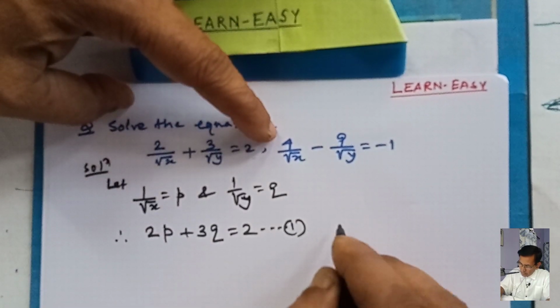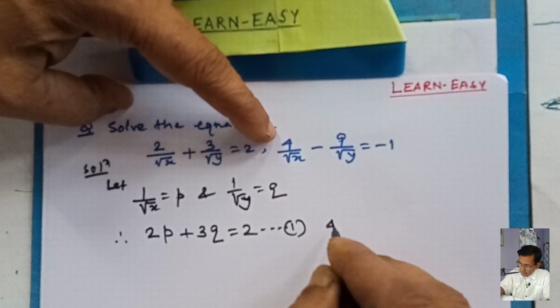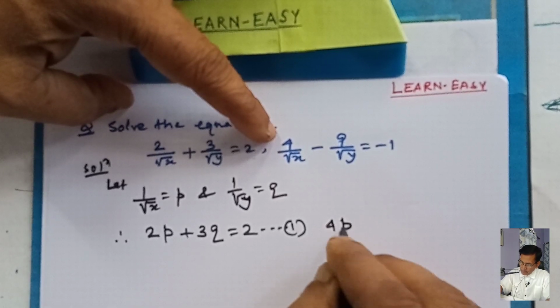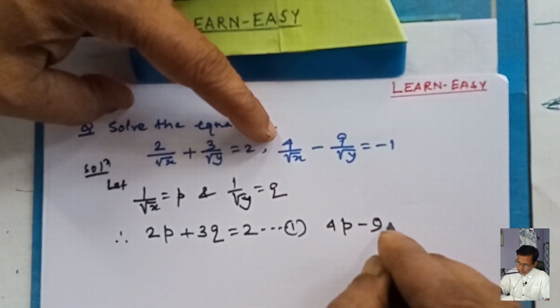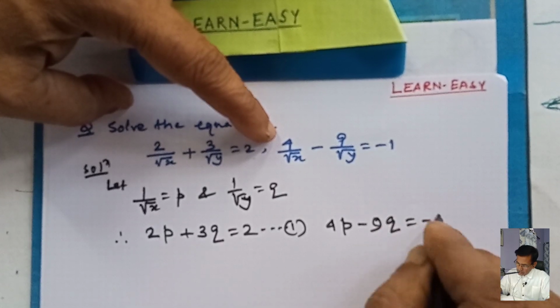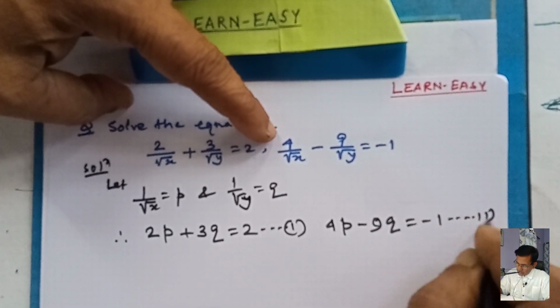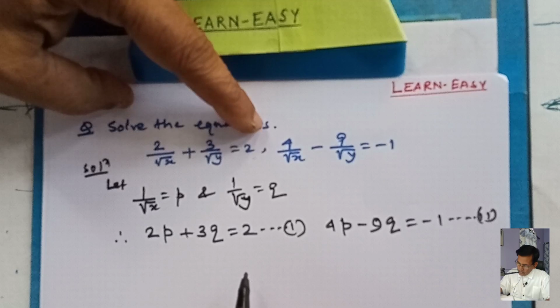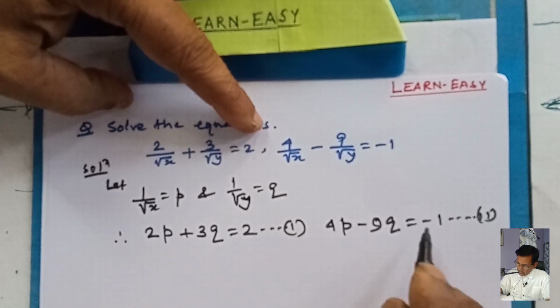Second equation will be 4p minus 9q is equal to minus 1 over 2. Now these equations are very simple.